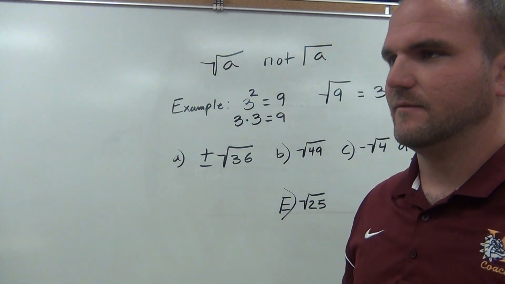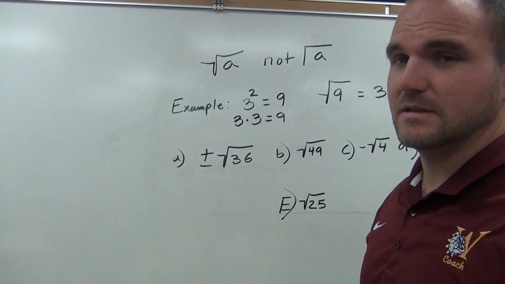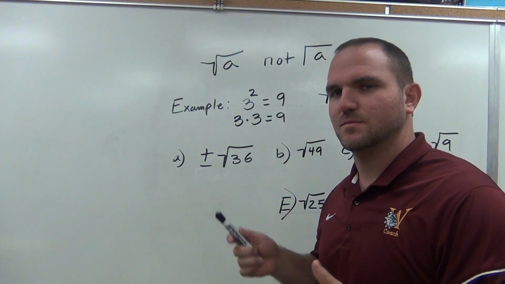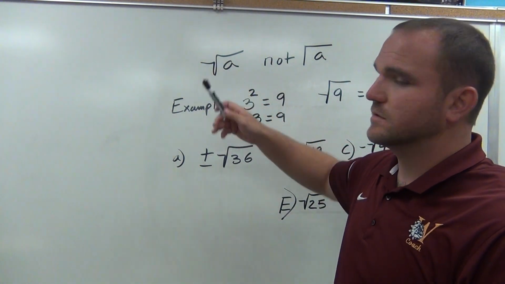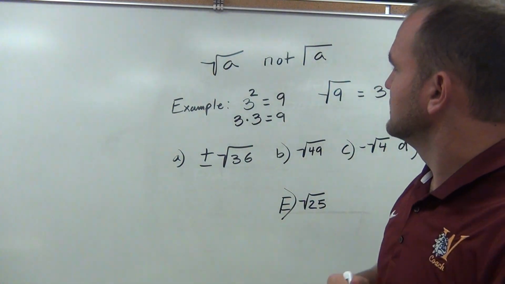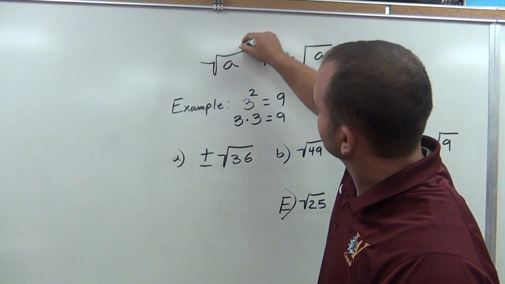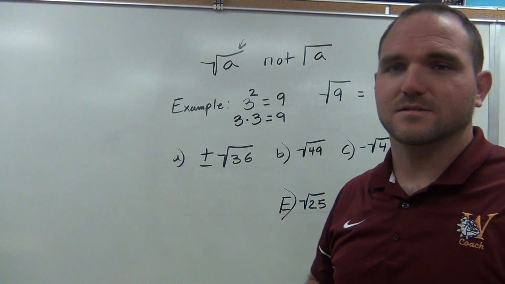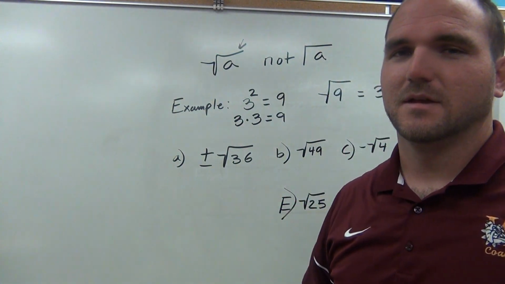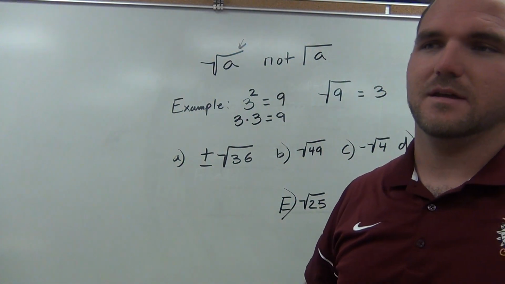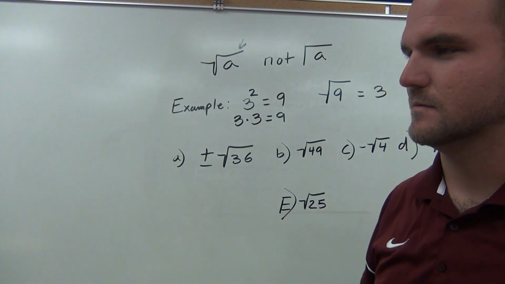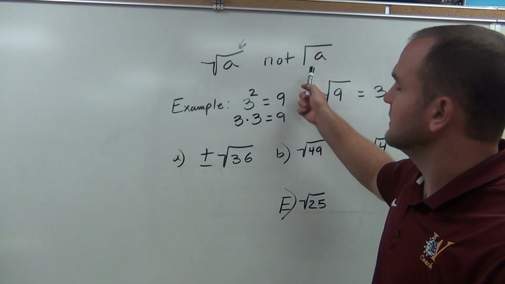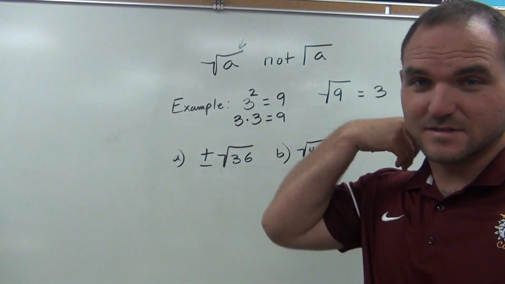So if you're looking at the notes, you can see this on your notes, but I'm going to just explain it a little bit. This is the square root of A, okay? This symbol right here is your square root symbol. Something you've got to be careful of, and something that I've seen a few times that you need to watch yourself on, is it is not the division symbol.